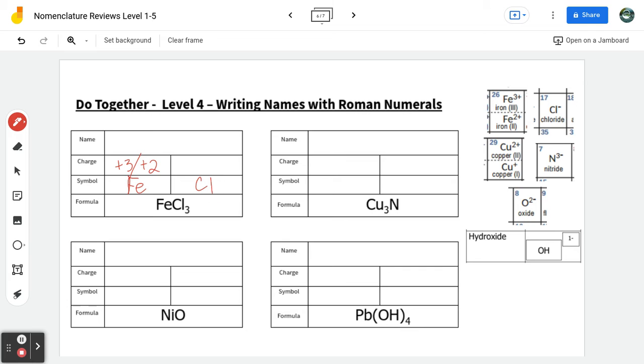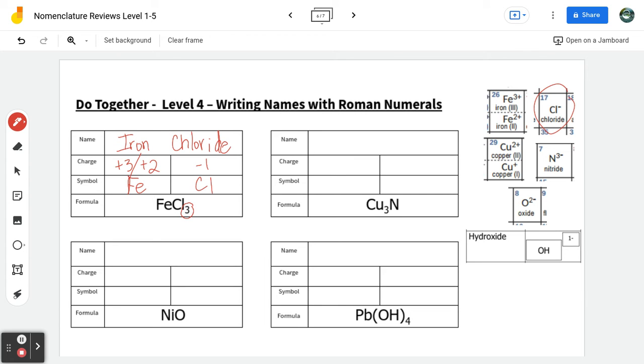And we got Cl. Cl has to be -1. There's only one option for that. And we know iron, Fe is named iron. Cl is named chloride. And if you think about what formula you have, FeCl3, which of these charges would give you this formula?